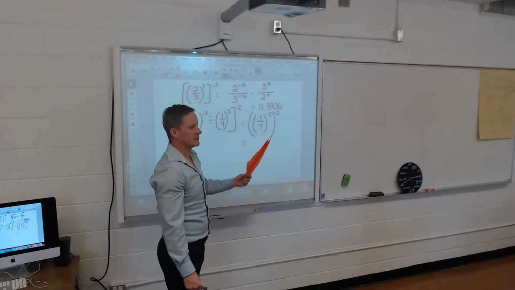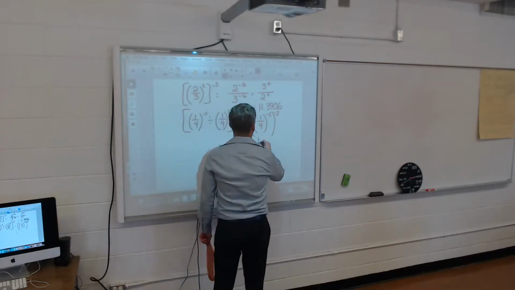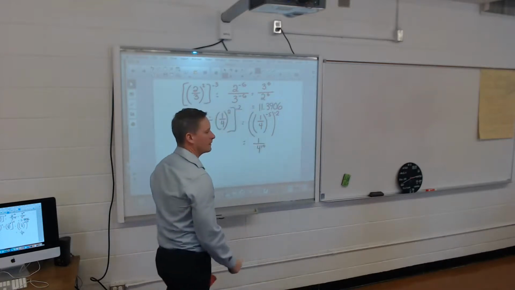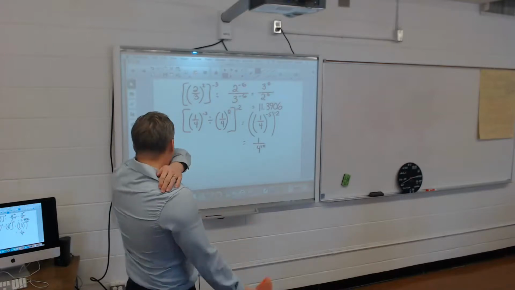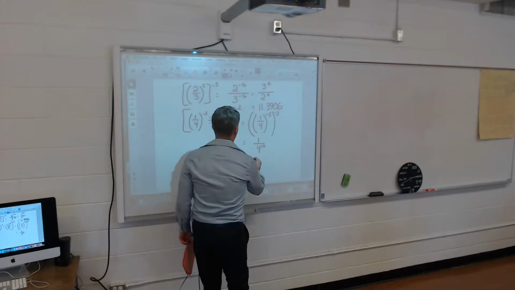What do I do with these 2 exponents? Times them. And what do I get when I times them? Okay, so I have 1 over 4 to the 10th.